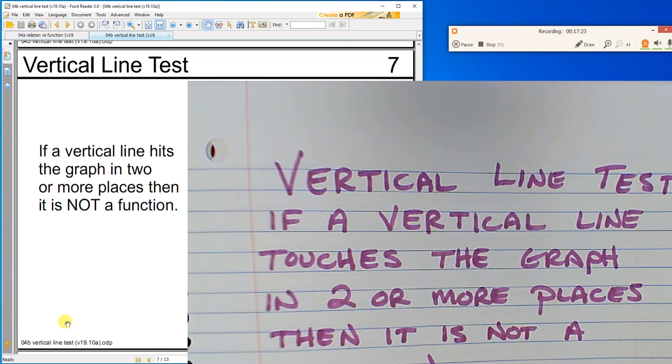If a vertical line hits the graph in 2 or more places, then it is not a function.